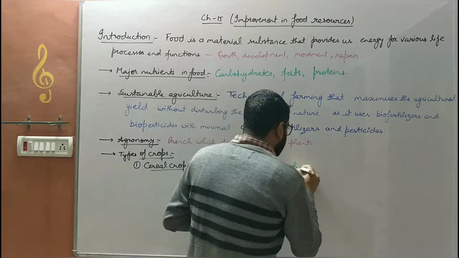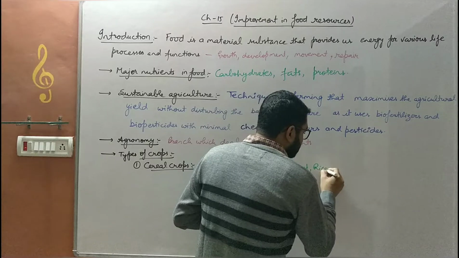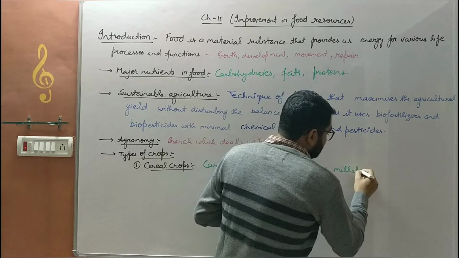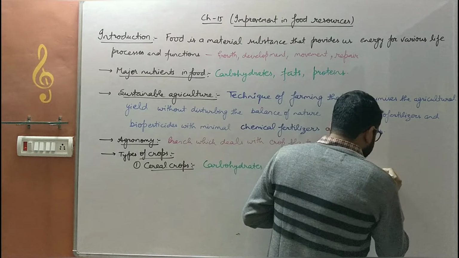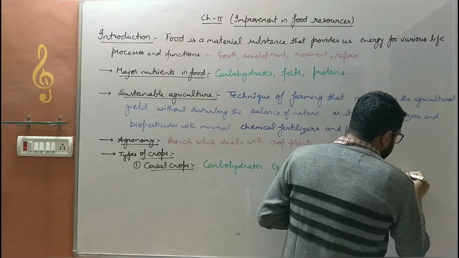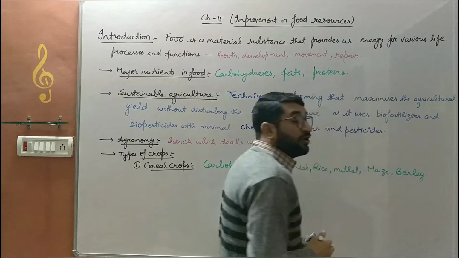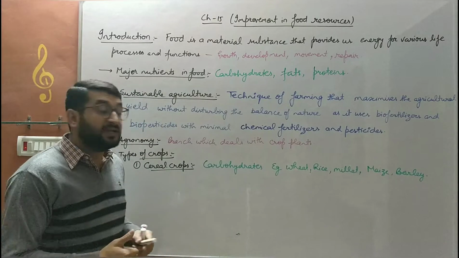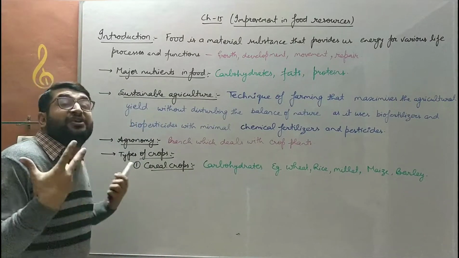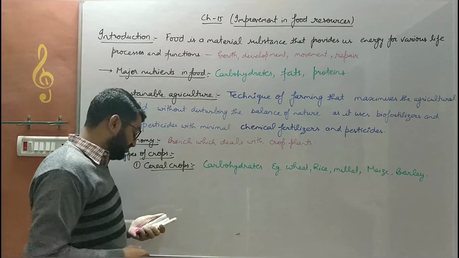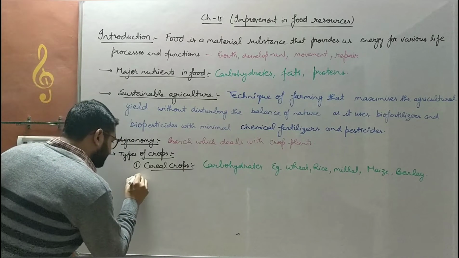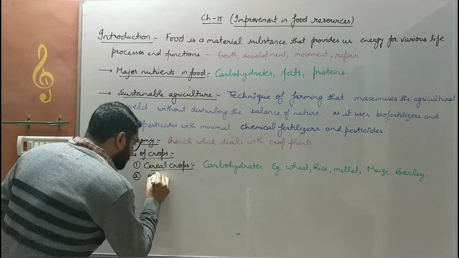Examples: wheat, rice, millet, maize, barley. Bajra and makka is what we call millet and maize, bache. These are cereal crops which are carbohydrate rich. The second ones are the oil seed crops.